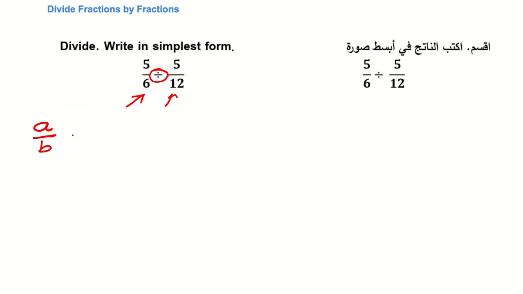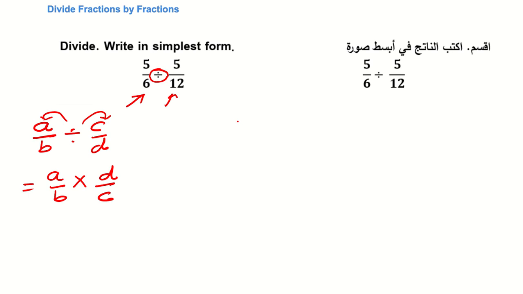I have told you in class also, a divided by b, and if it is divided by another fraction c over d, first of all, this division will be converted into multiplication. The fraction before division will have no change, and the fraction after division will be reciprocated. After this you can simplify.